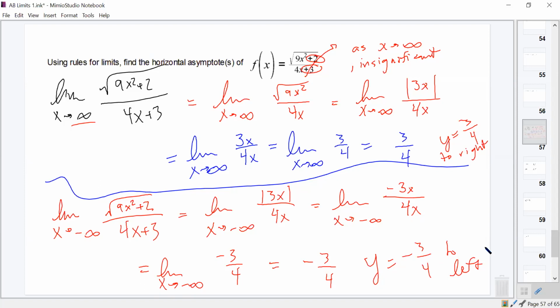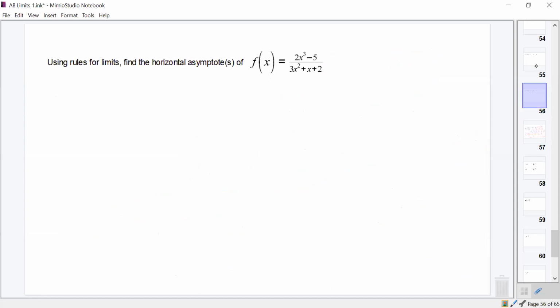Now, how come back here with all of these rational function ones, we didn't have to bother with the negative infinity? Should we have? We probably should have. But for each of these, we ended up just getting constants at the end.